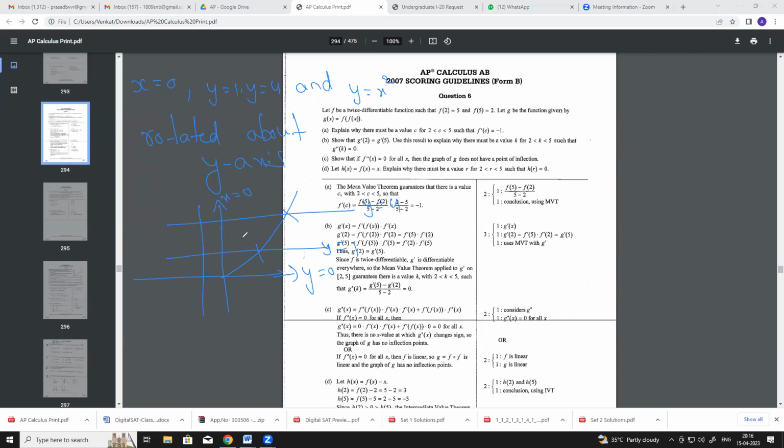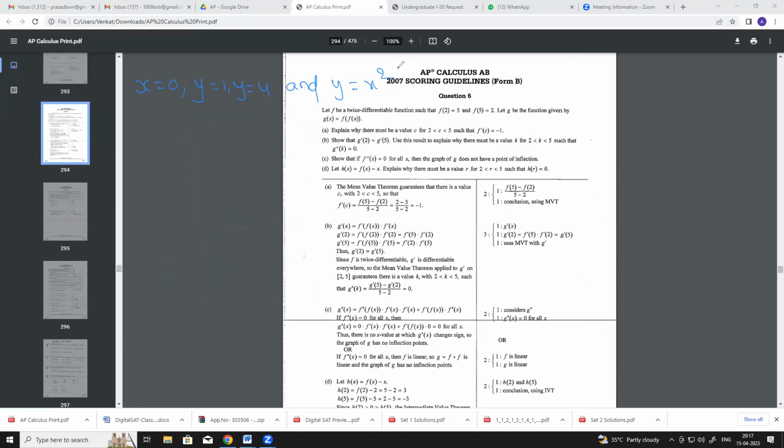This is your y-axis, so you get a shape like this. I'll draw a new figure again here: x is equal to 0, y is equal to 1, y is equal to 4, and y is equal to x square, rotated about the y-axis.